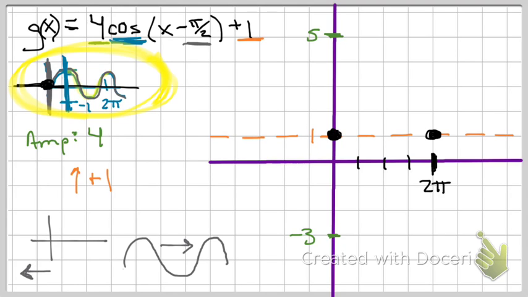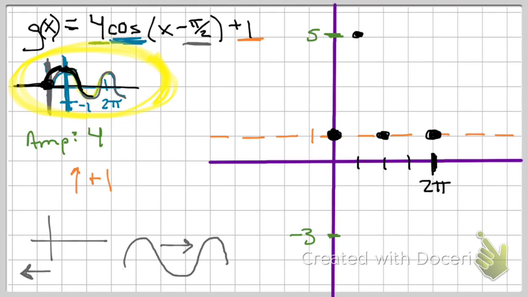And I'm going to keep plotting points that I know. I'm going to come over here to the shape. The first quarter, see how it gets to a max? So after the first quarter, I'm going to be up at my maximum. And then the next quarter, I'm going to be at that 0 line, my center line, right?